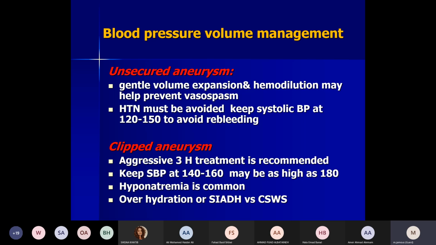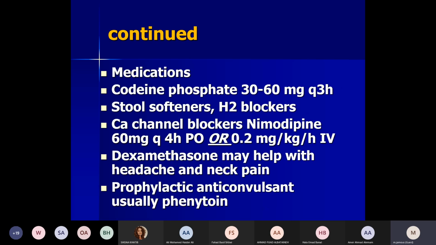And this rebleeding and re-rupture is closely related to the blood pressure. Any stress, any strain can lead to rebleed. And this is why we need to give stool softener to avoid straining of the patient, because straining can lead to rebleed and re-rupture.